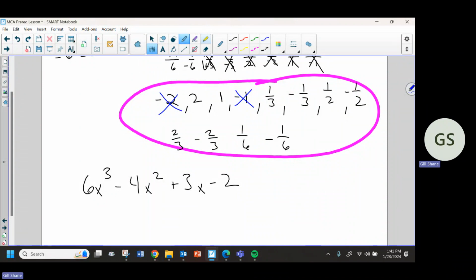Yeah, +3 because if this is positive 2, that cancels out with that, so that's just 3. So that's not going to work. Positive 1, positive 2, kind of the same thing. This is going to be a big number here, and I'm never going to be able to whittle it all the way down to 0. So yeah, it's looking like the only possible options are fractions.